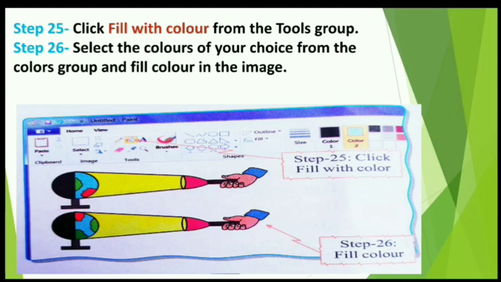Now you can see here the tools group and the color option present. So you can fill color. Step 26. Select the colors of your choice from the colors group and fill color in the image. Now you can select your colors and fill color in that image.